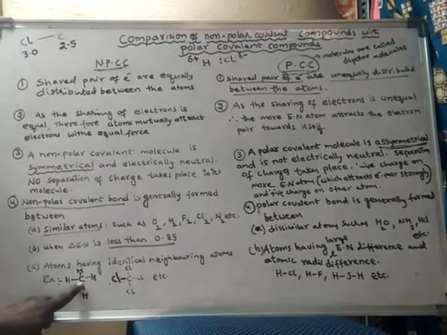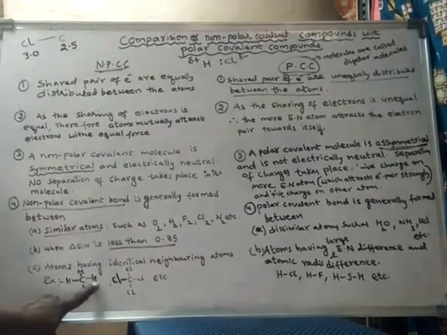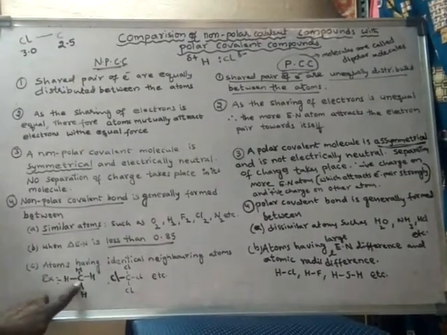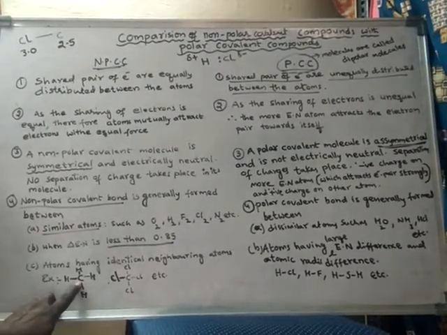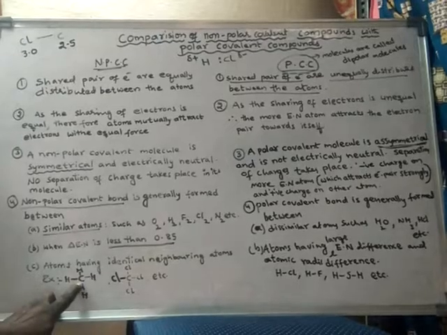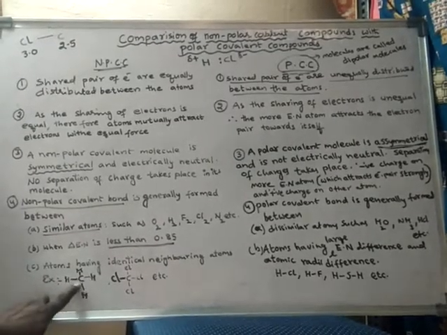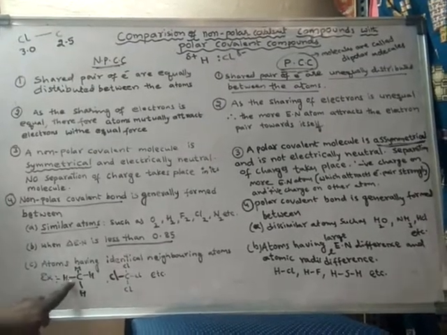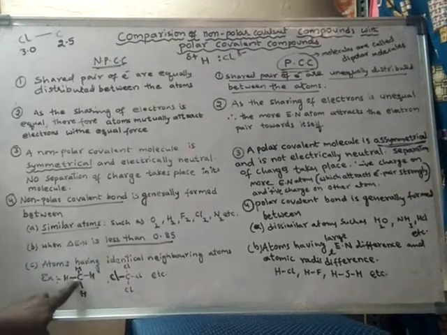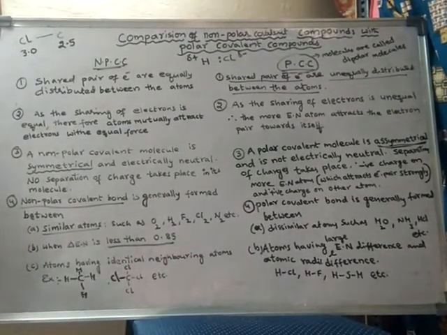So when an atom has identical neighboring atoms, the bond formed between these atoms will be a non-polar covalent bond.